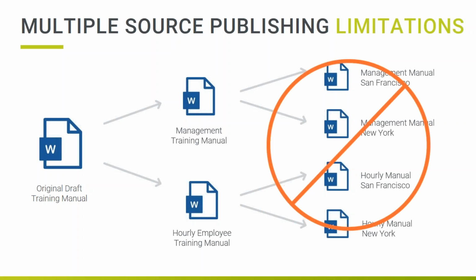Now, if we distill down to a root cause problem, with Word, you're working on the right-hand side of this diagram. Your hand touching every single document, every customer copy. The whole idea with Flare is we want to move back to the left side of this diagram, where content only exists once.